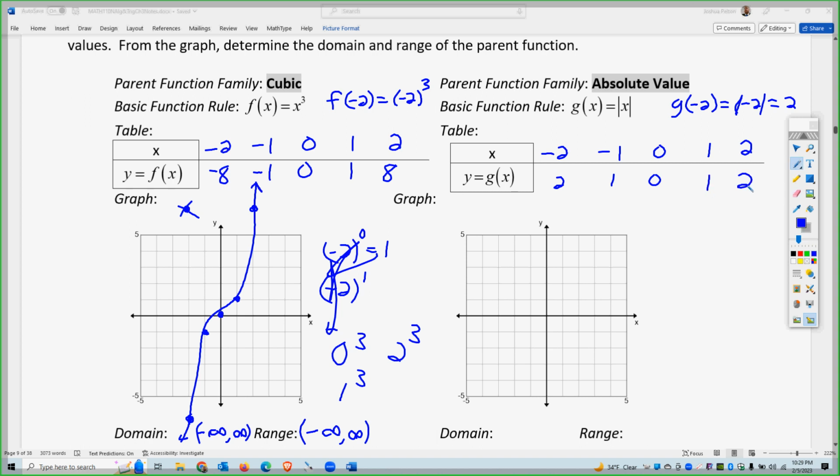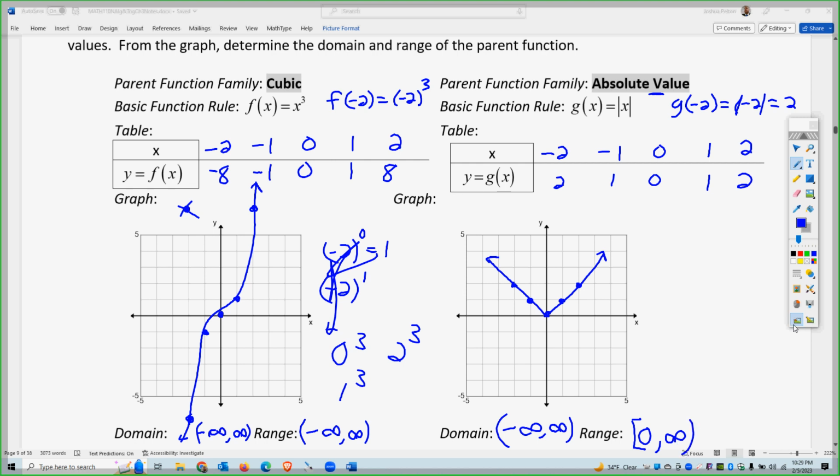Okay, so -2, I get 2. -1, I get 1. So basically, it looks like two lines, essentially. That's why it's called an absolute value, right? It's a V. Okay, so it goes forever left and forever right, but it goes only down to 0, which includes 0, but it goes up forever for the range.